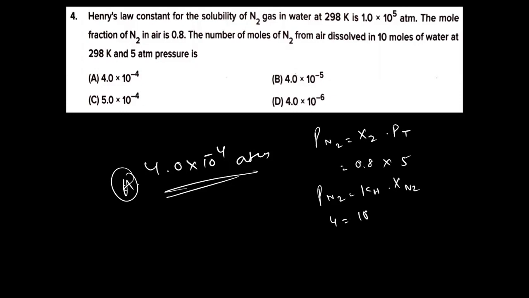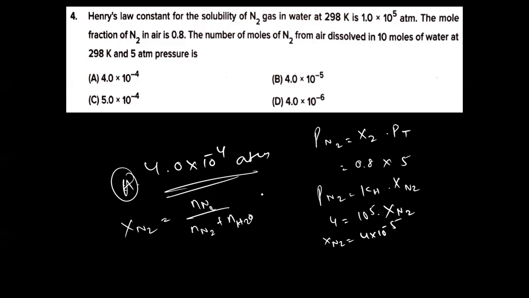4 which is equal to 10 power 5 into xN2. Then xN2 which is equal to 4 into 10 power minus 5. Then apply xN2 which is equal to, that is mole fraction of nitrogen. So number of moles of nitrogen to that of total number of moles of solution, nN2 divided by nH2O.